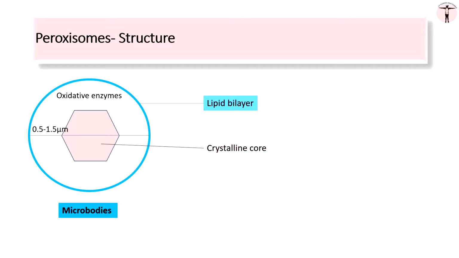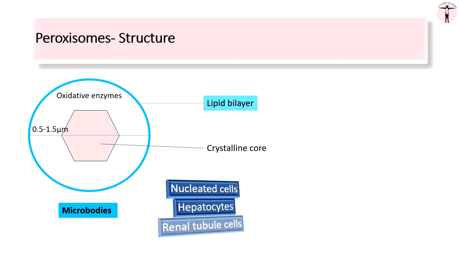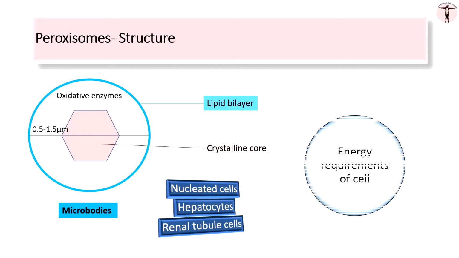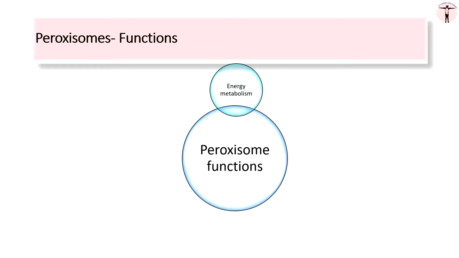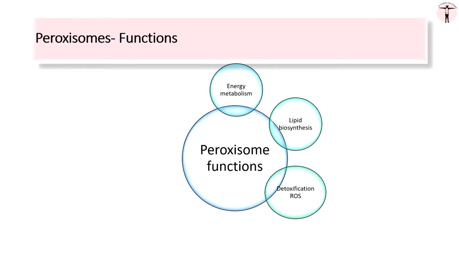Peroxisomes are present in most of the nucleated cells and are more numerous in hepatocytes and renal tubules. Depending upon the energy requirements of the cell, peroxisomes vary in shape, size and number. They play an important role in energy metabolism and lipid biosynthesis, and oxidative enzymes help in detoxification of various substances like reactive oxygen species.